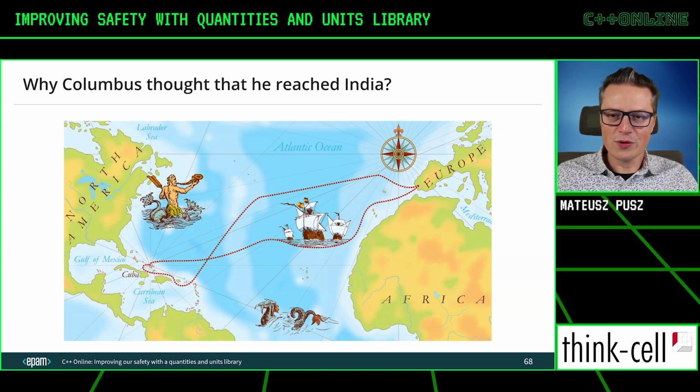So Columbus was starting from Spain or Portugal, actually from Portugal, and then he reached, I think it was Tenerife, where he resupplied the stocks, the amount of food and water on board, and started the journey west.